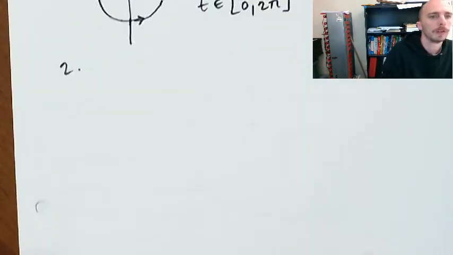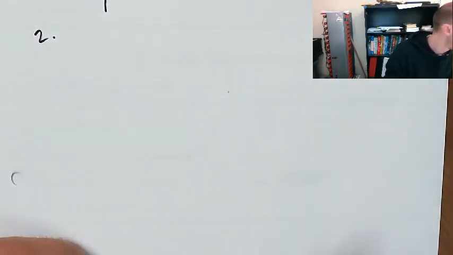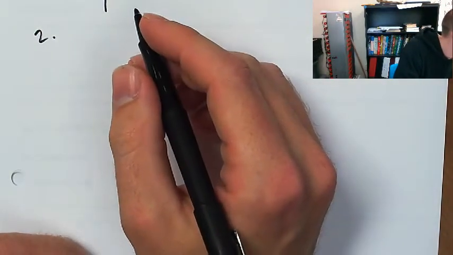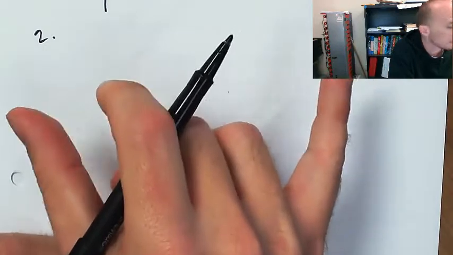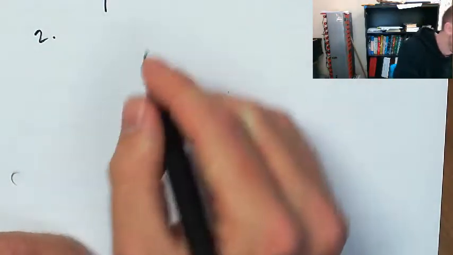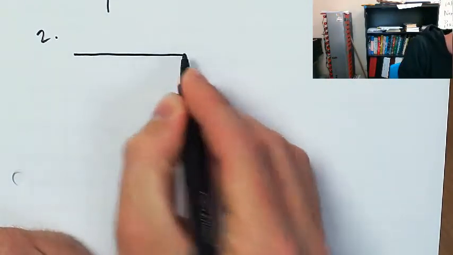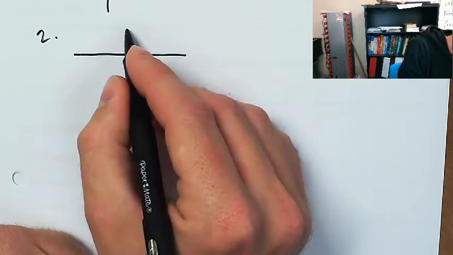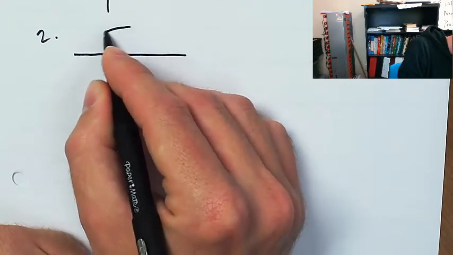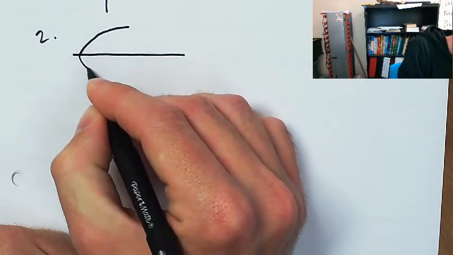The next one is an ellipse. It goes out 4 in the x direction and 3 in the y direction. So maybe I'll try it first.